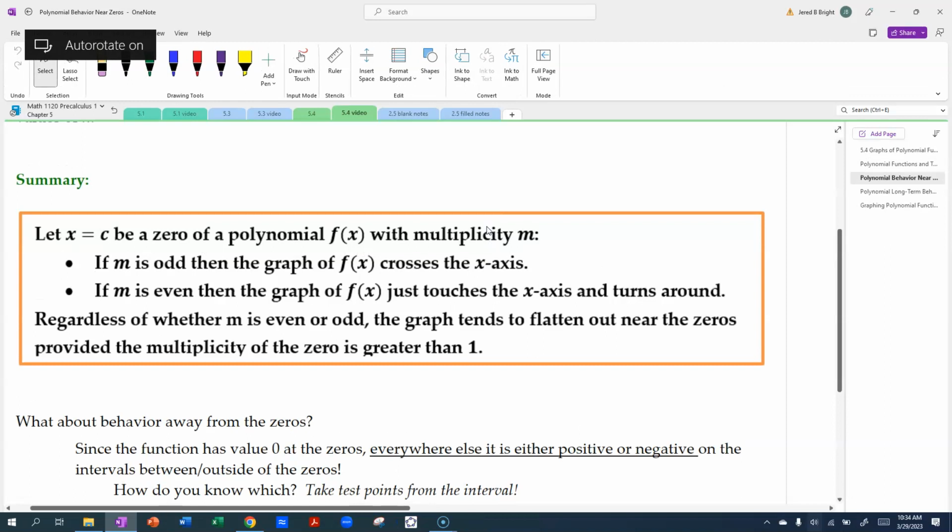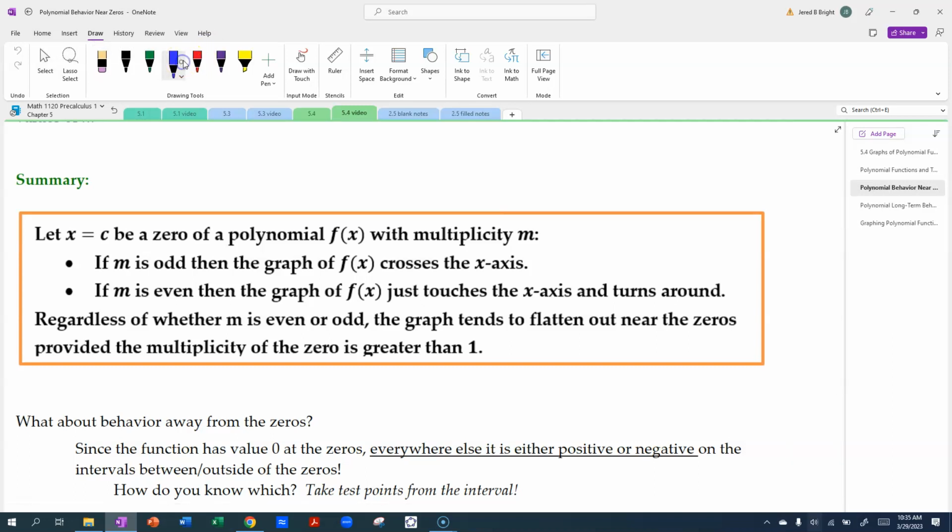If the order or the multiplicity is odd, it crosses the x-axis, and I'm just going to add a comment here, at x is equal to c. So whatever the zero is, it's going to cross through, okay? If your multiplicity or your order is even at that zero, then it's going to touch the x-axis at x is equal to c and turn around, okay, so rebounding, right?